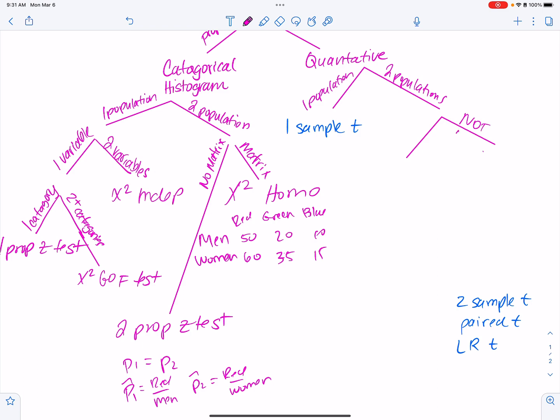Not independent is immediately my paired. And independent means we possibly have a 2 sample T or linear regression.